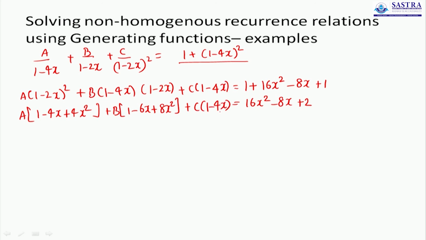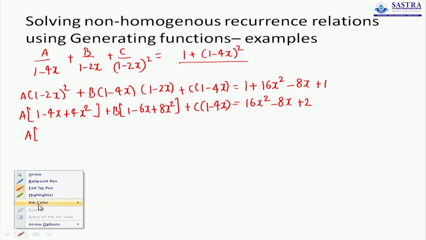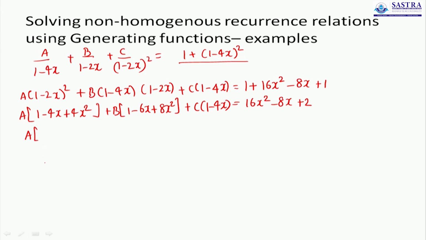Now all we need to do is simplify this, group the like terms and solve for a, b and c. So a times the constants appear, the constants are a plus b plus c plus x times minus 4a minus 6b minus 4c, and the x squares are 4a and 8b.